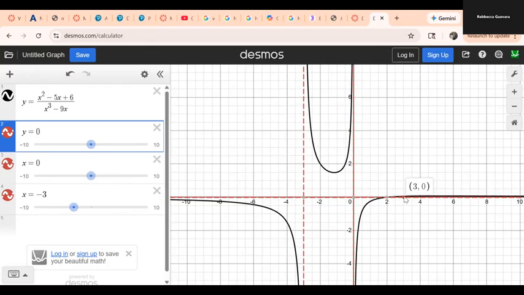So that should be a hole. I'm not sure why it's not giving me a hole there. Sometimes you've got to be careful, as this gets a little confused. Yeah, that should have been a hole right here in the graph. Like I said, sometimes just be careful with Desmos. I'm just double checking.